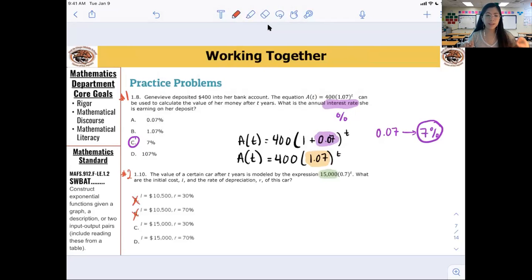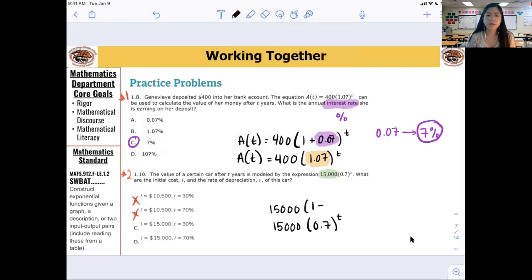So between C and D now, I'm looking at the rate. And again, we're working our way backwards because I have 15,000 times 0.7 to the power of t. How do I know that this is a decay function and not a growth function? Because it's lower than 1. Exactly. It's lower than 1. So I know that in order to get 0.7, I had to subtract from 1.